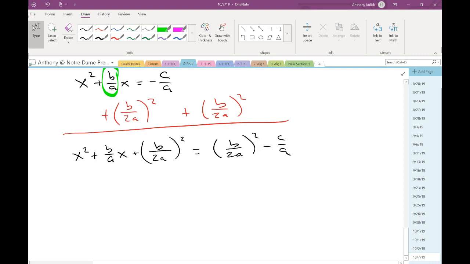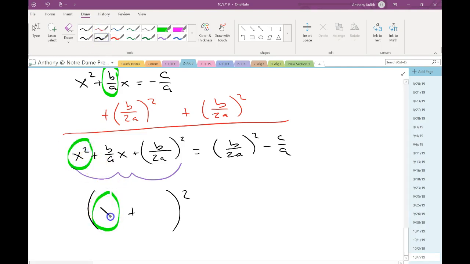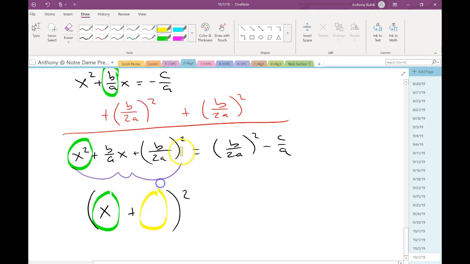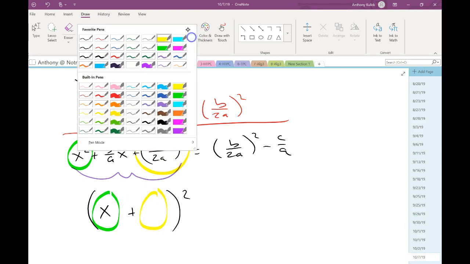Now, if we remember the completing the square process, this piece factors. It's going to look like something plus something. This first something comes from here. My second something comes from here.